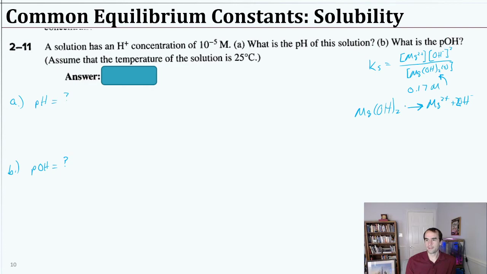So the fact that we already know that molar ratio, I think it's just kind of redundant, because if we have a solid here and then we no longer have any solid, it's just all going to be Mg2 plus and the OH minus.